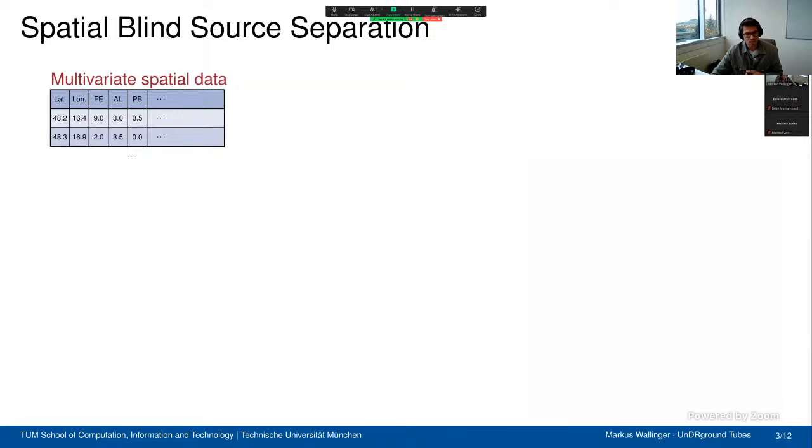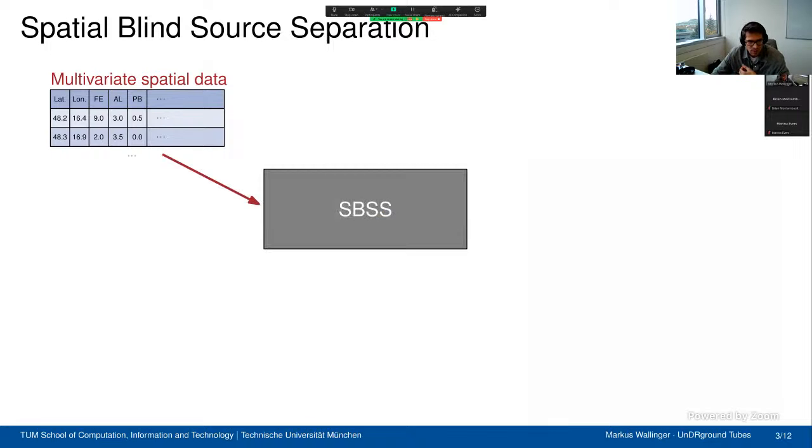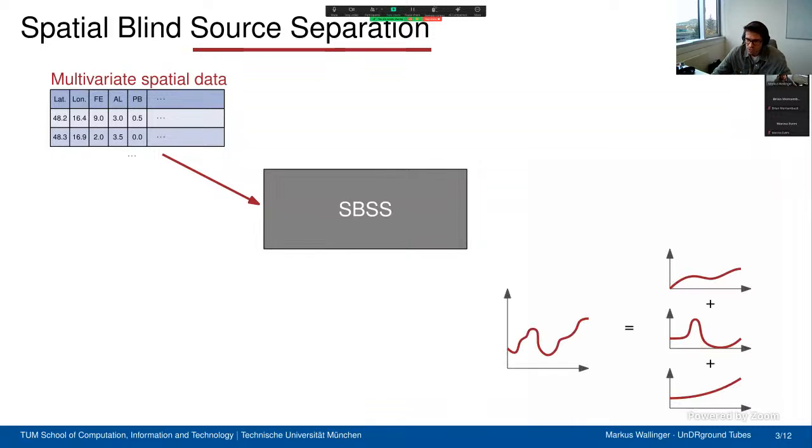So luckily, geospatial analysts have figured out a process to analyze such data, and this is called spatial blind source separation. Spatial blind source separation takes as an input multivariate spatial data. It is blind because it has no assumptions about the input data. It performs source separation, so it decomposes the input data into simpler to explain latent components.